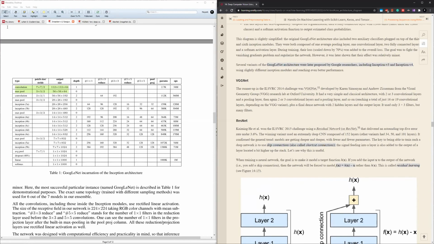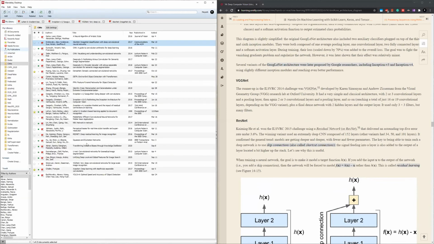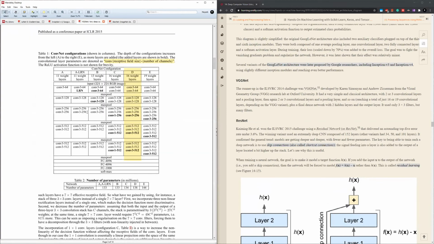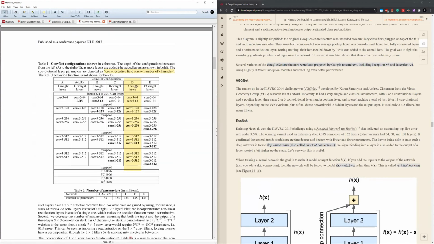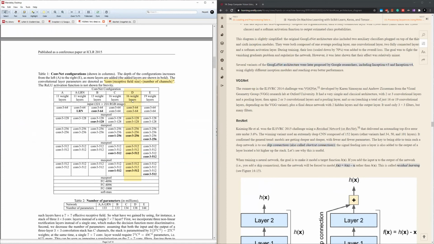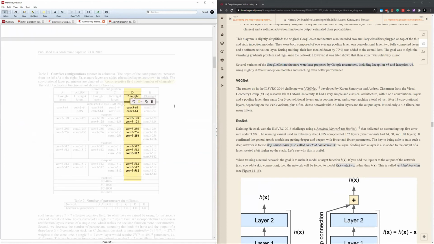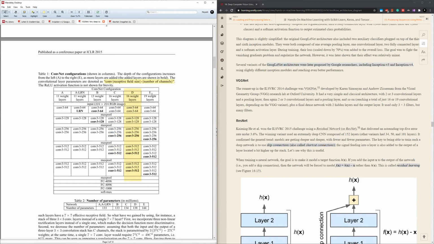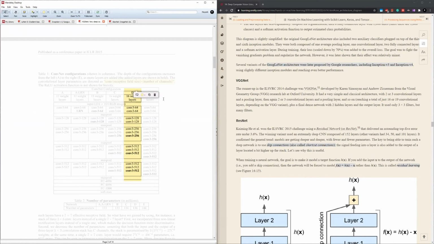Here, I will give a quick overview: this is the VGG16, and this is the VGG19. This is how they have defined it.